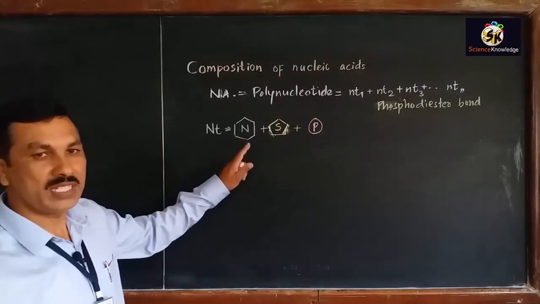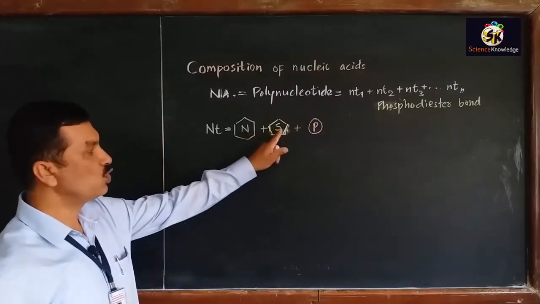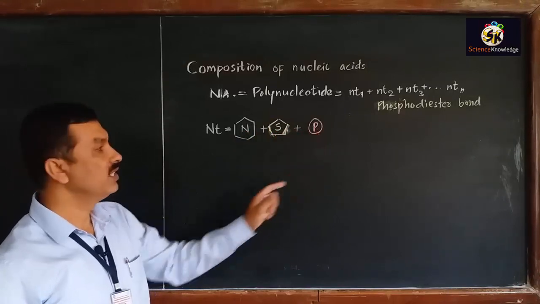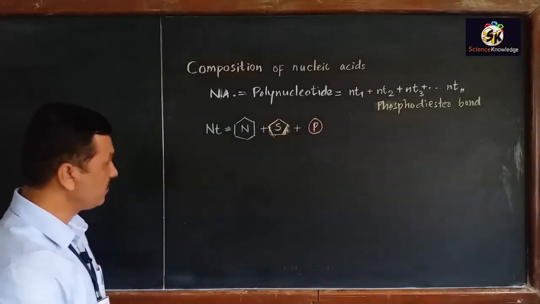So we have three components: nitrogen base, sugar and phosphate. Let us see one by one.